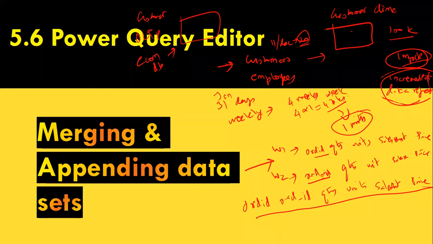So the week 1 order IDs are 1, 2, 3, but there is no order ID column available in the week 1 file, so it will put null here. Similarly, in the case of week 2, only the order ID column is there. It will put 6, 7 as the order ID, but there is no column by the name of order ID available here, so it will put null here.